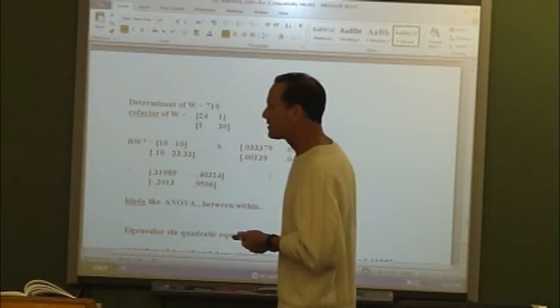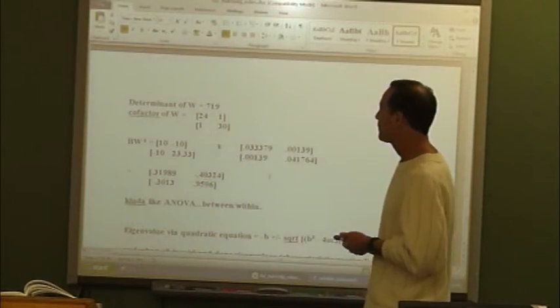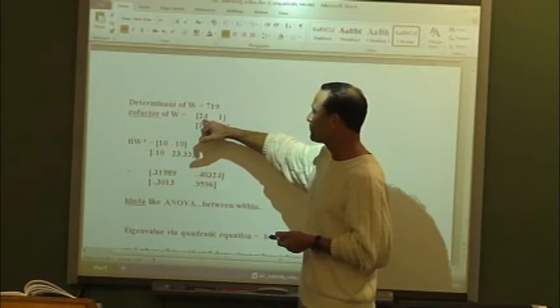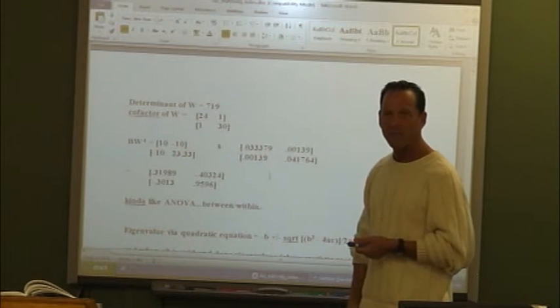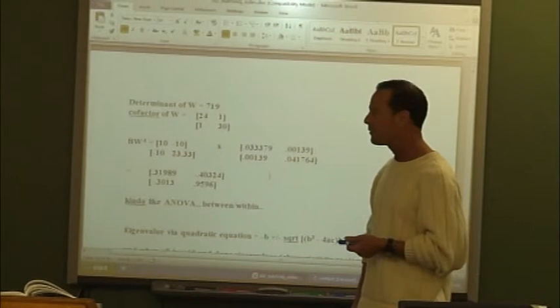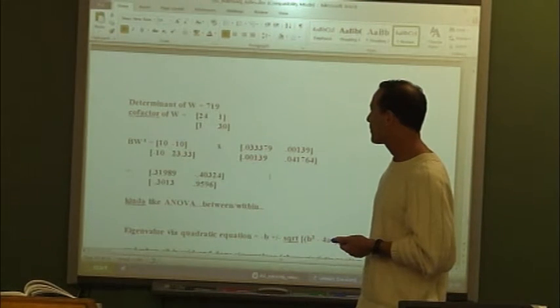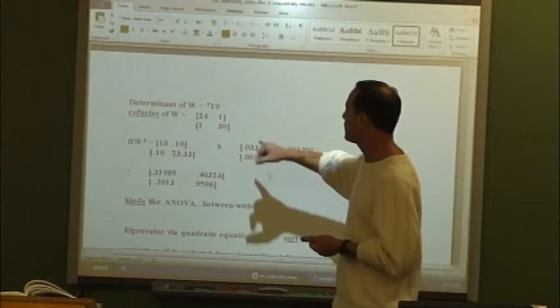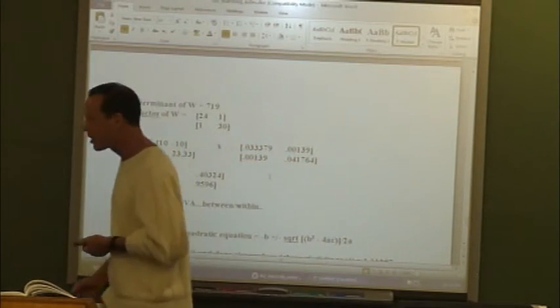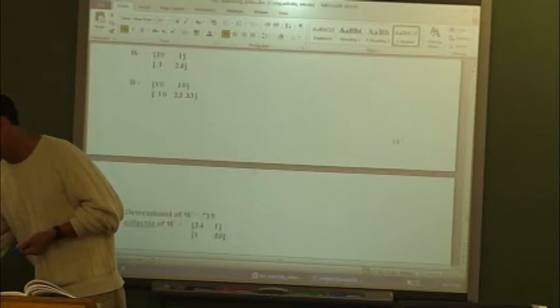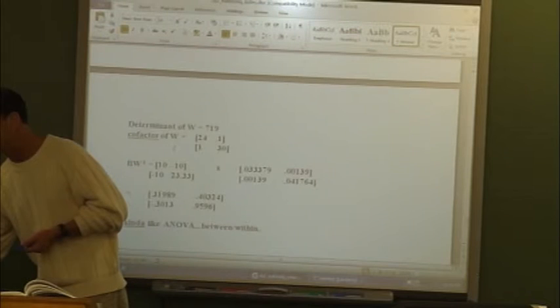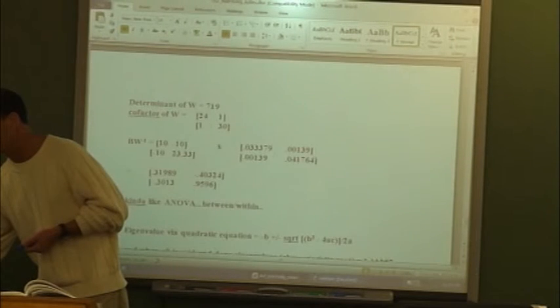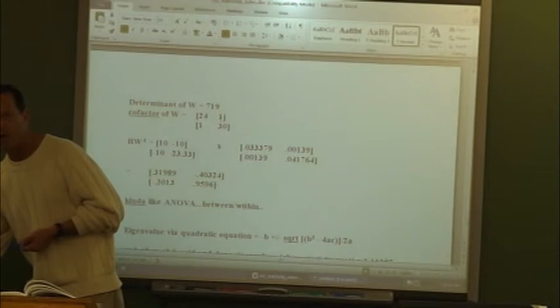The determinant of W is 719, because 30 times 24 is 720, minus 1. And there's the cofactor of W. Do you see why it's the cofactor? It switched the 30 and the 24, and it switched the sign to be positive instead of negative.